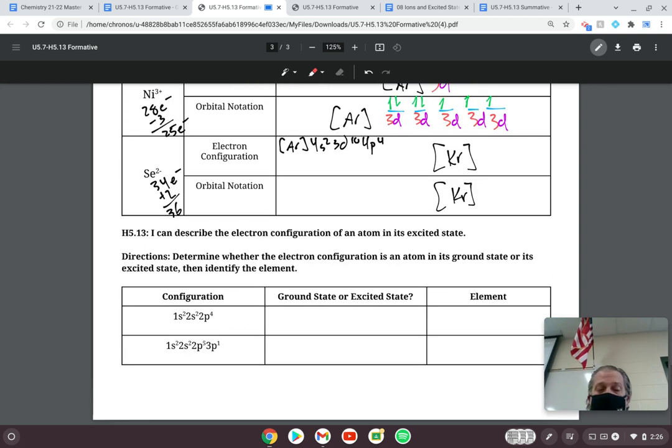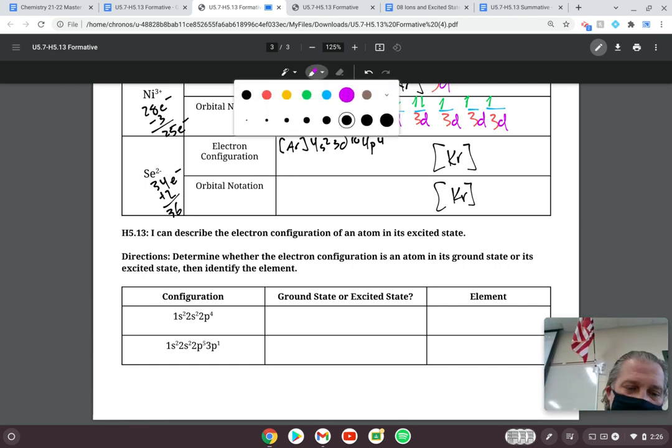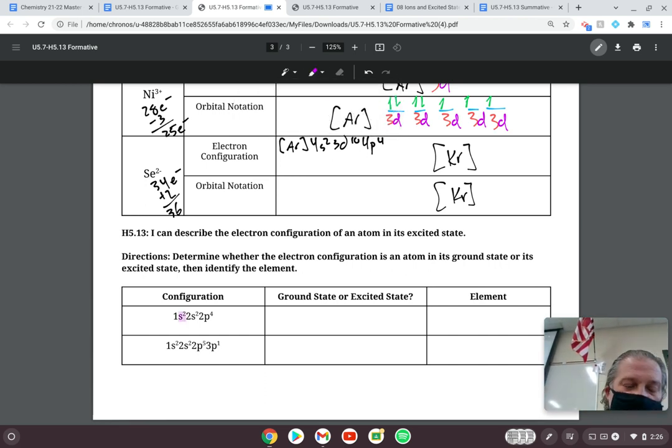All right. Next one. Ground state or excited state. So here's what I'm seeing. In the case of the first one, S can hold 2. It's got 2. S can hold 2. It's got 2. P can hold 6. It's got 4. There's no electrons coming after it.